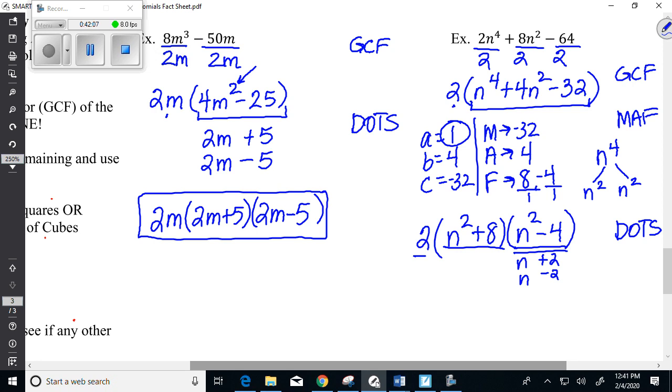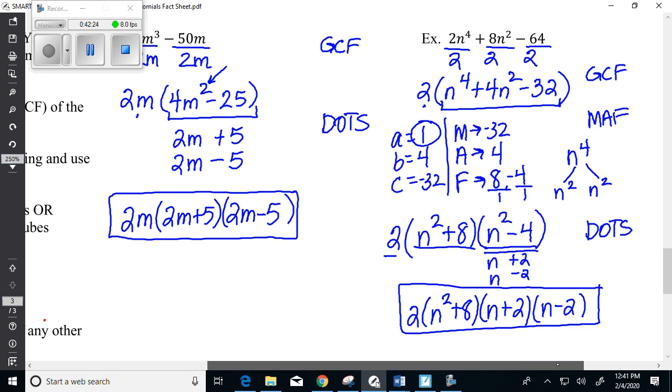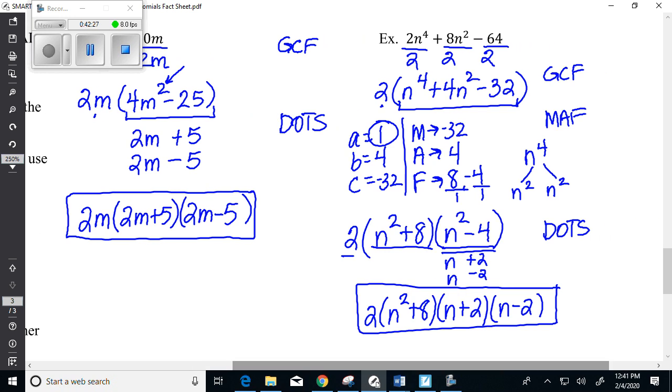So your final answer is 2 times n squared plus 8 times n plus 2 times n minus 2. So all of that is your factored answer. Again, you go through all the possibilities to make sure that you are down to the bare bones nitty gritty. In this case, we had to factor 3 times: GCF, MAF, and difference of 2 squares. And that ultimately gets us to our final answer.